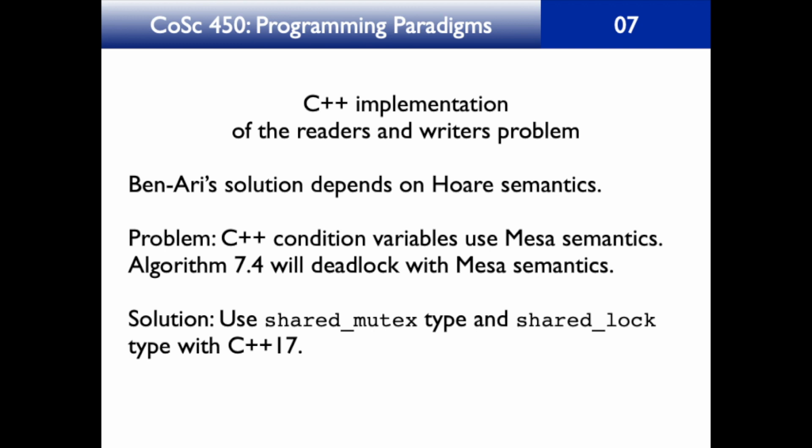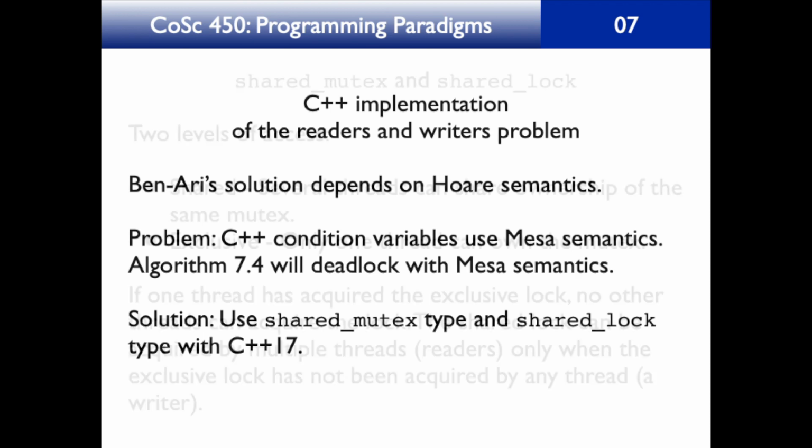And the answer is, with C++17, they have introduced this concept of a shared mutex type and a shared lock type, which is designed expressly for the solution to the readers and writers problem. So here's the concept.